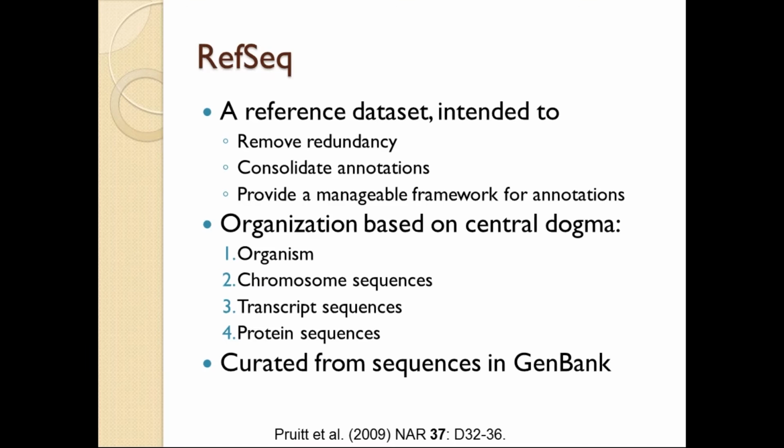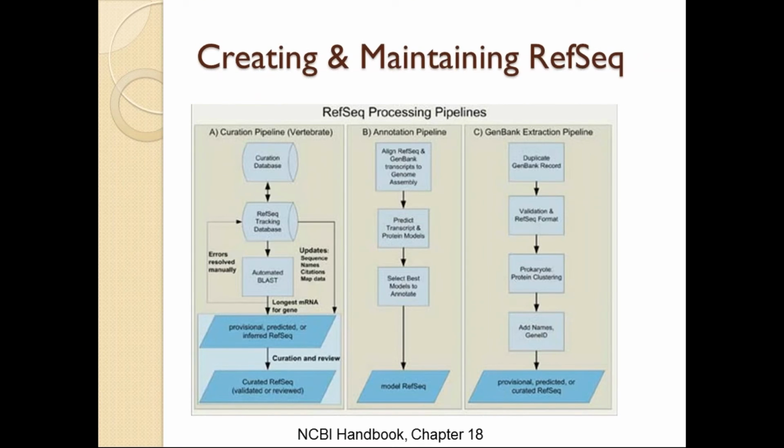And there's a whole pipeline that people use to curate information, annotate information, and extract information for different elements of the annotation. Say if you have a very good post-translational protein functional predictor, you can actually suggest to RefSeq to use your predictor if your work is highly established.